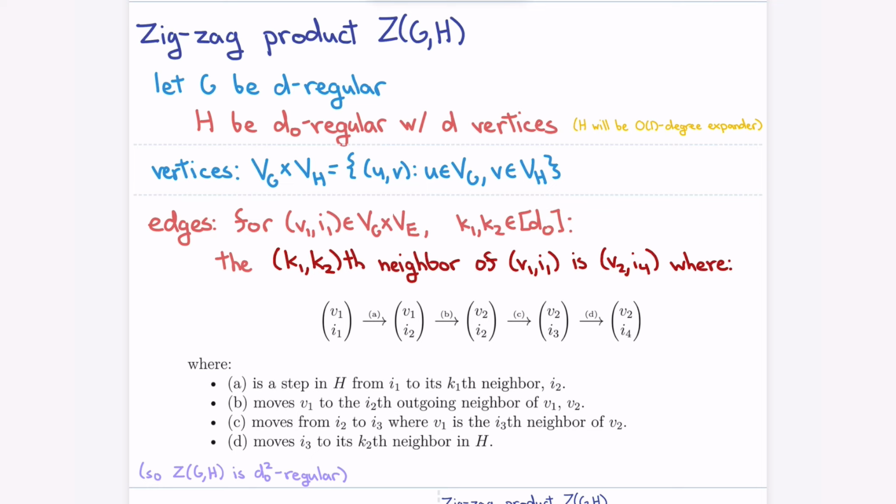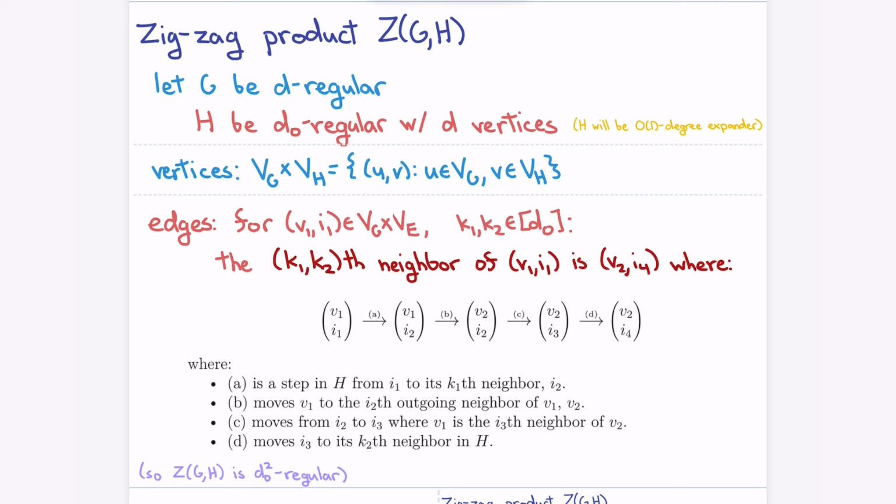Okay? And then you're going to move from I3 to the K second neighbor. You're going to take one more step in H. Okay? So you take a random step in H, use that to move in G, and then you look backwards to move in H. Okay? And then you take one more step in H. So really, there's only 2 degrees of freedom.